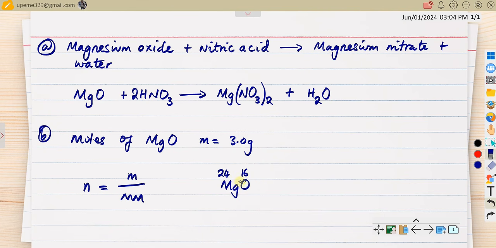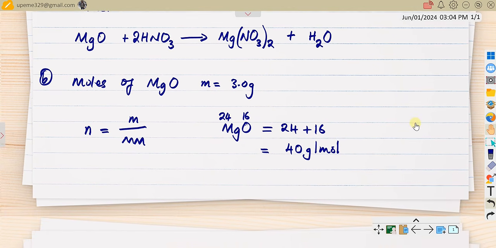When we total them up, the value that we find will be the molar mass of magnesium oxide. So 24 plus 16. What are we getting? Something like 40, right? Because 6 plus 4 is 0, remainder 1; 2 plus 1 is 3, plus that 1 is 40. So it will be 40 grams per mole.